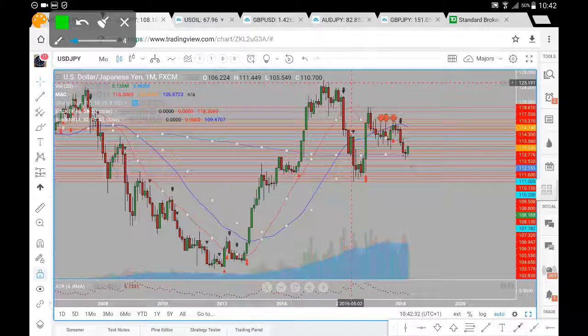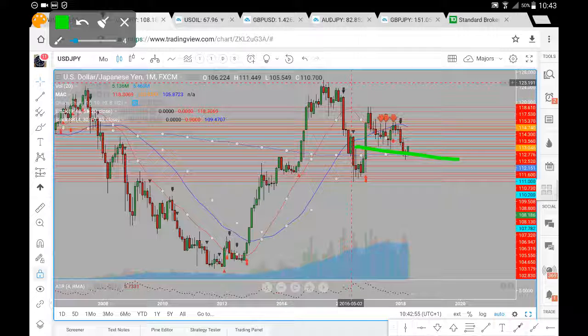We saw the bullish buy side momentum come back into the market last month, as indicated by the pin bar that we see form, and we are seeing the momentum follow through to the upside so far in April. So there is a possibility of seeing further upside momentum here, bringing us back into that well-established trading range that we were in for quite some time here on the US dollar Japanese yen.